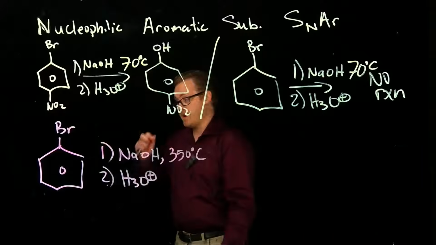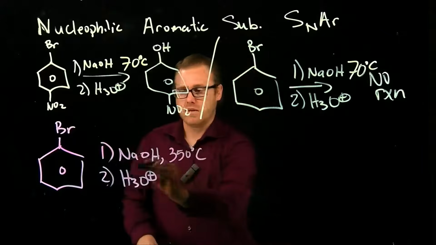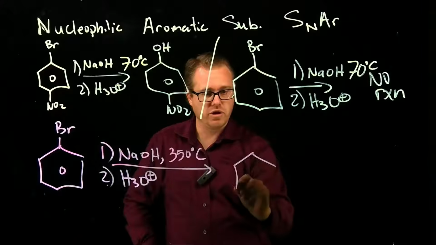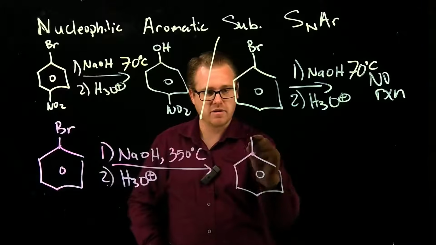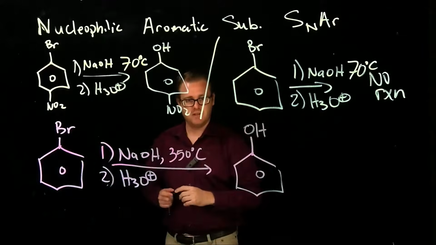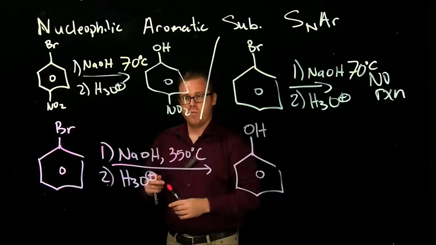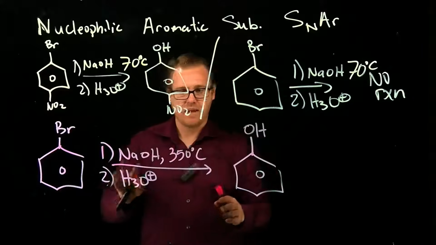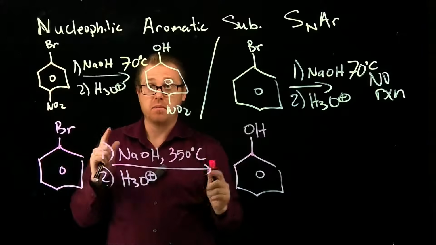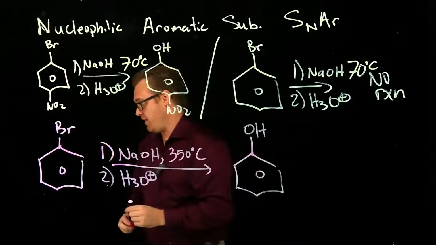Like really crank up the heat. In those conditions, we do get a reaction that occurs. We can replace that halogen. But what's different from this one in pink and this one up here is the mechanism is different.